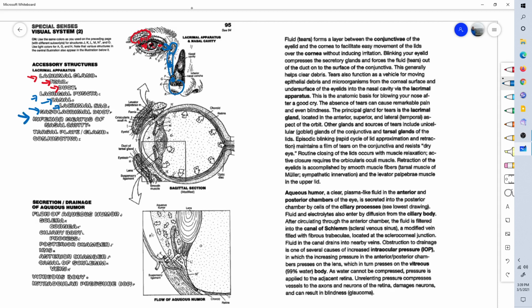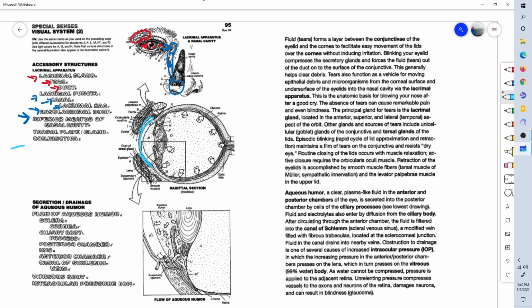The tears are important to provide lubrication for this area right here, what's called the conjunctiva. It's the thin layer on the outer portion of the eye and the inner portion of the eyelids.